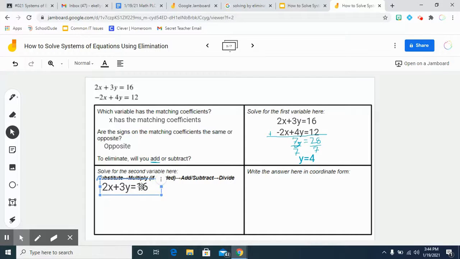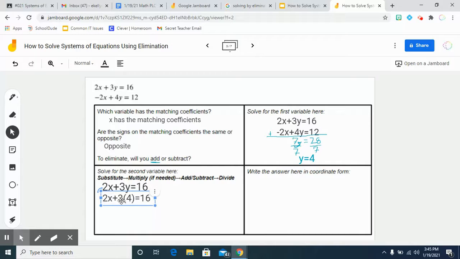And I'm just going to substitute. So when I substitute this, I have 2x plus 3 parentheses 4 close parentheses equals 16. We did that substitution. Next is multiply, and we multiply when there's a number directly to the left of our parentheses, which in this case there is.